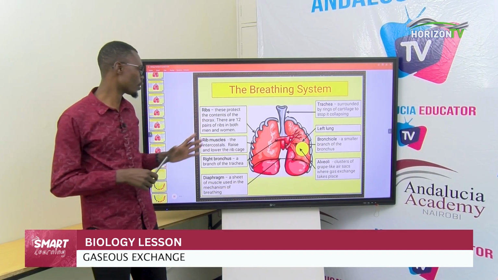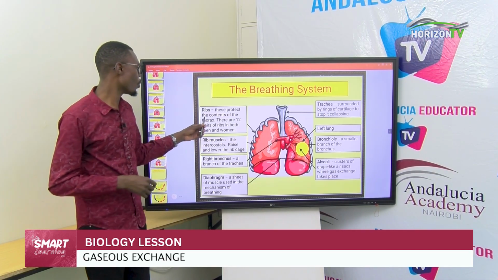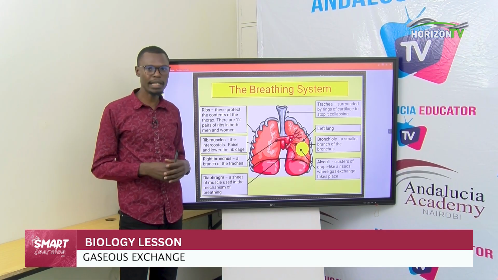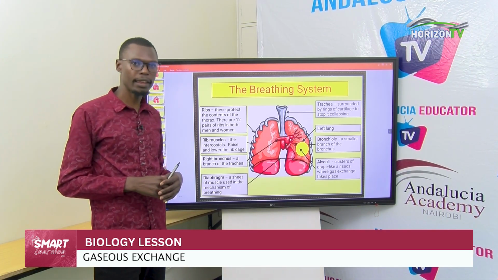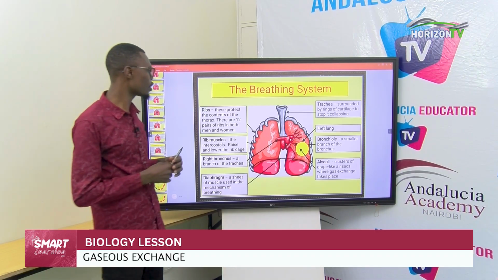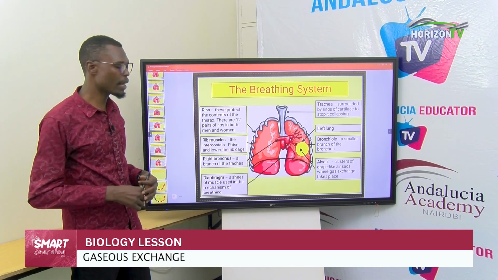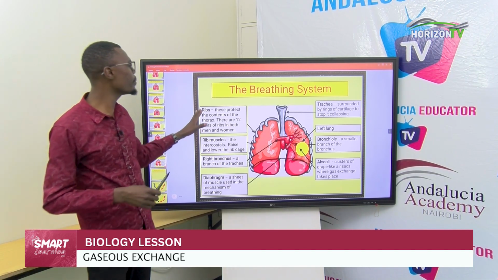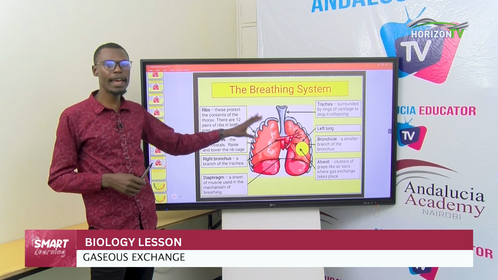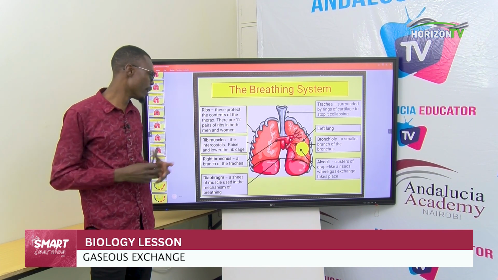Sometimes you can fall down, and any injury can occur. To protect you from any mechanical injury, the ribs surround the lungs. Also, we will see that the ribs help during gaseous exchange, or during breathing.